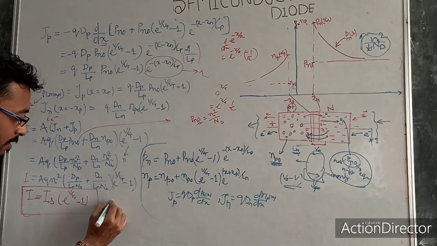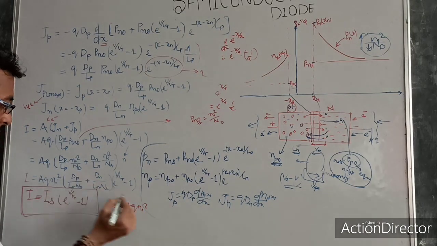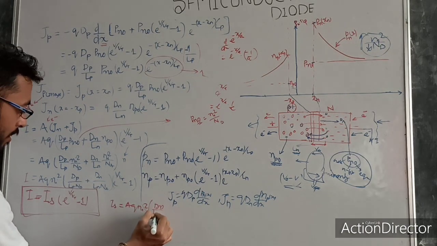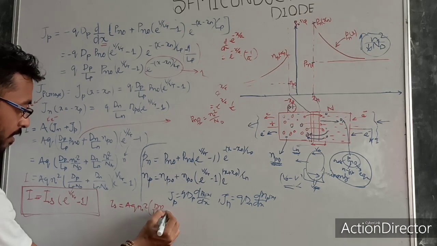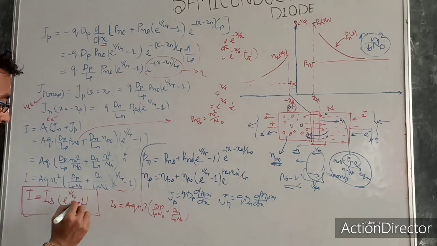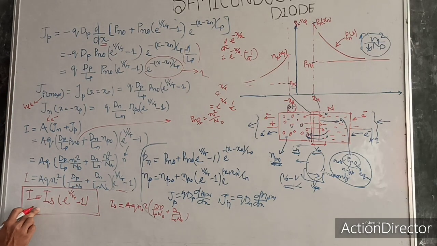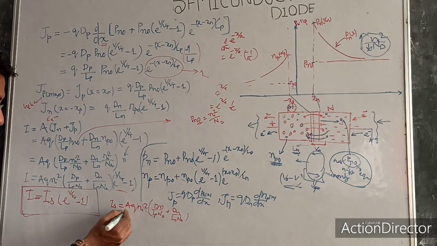So what is my Is? Is is nothing but A q Ni square, Dp by Lp Nd plus Dn by Ln Na. This is our final derivation of current.